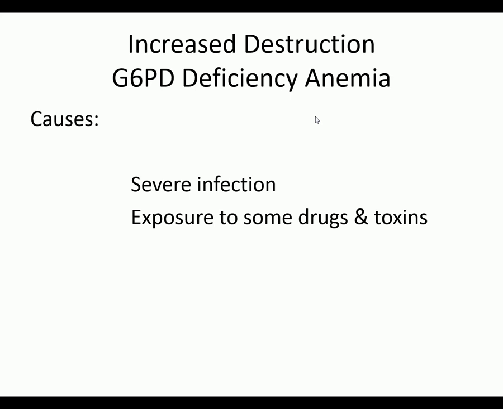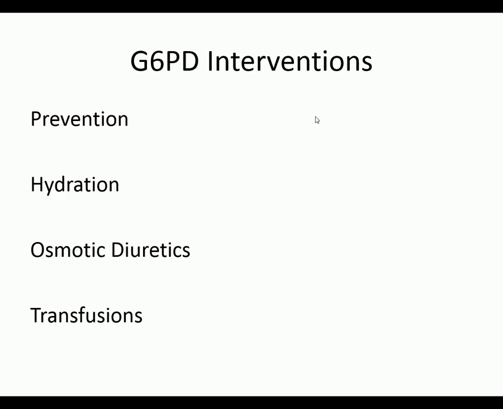a lot of interventions already that you will see used in all of these. In your G6PD interventions, prevention, males, they need to be tested before giving them any drugs that are known to cause problems, like your sulfonamides, aspirin, quinine derivatives, chloramphenicol, dapsone, and high doses of vitamin C and thiazide diuretics.